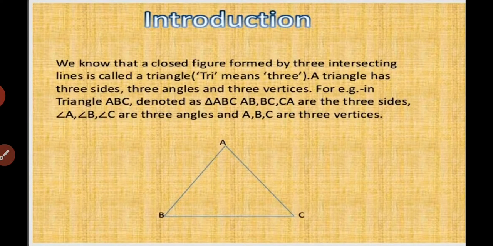So what is a triangle? We know that a closed surface area surrounded by three line segments is called a triangle.